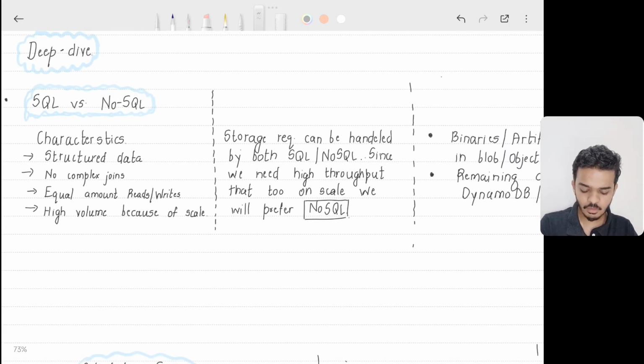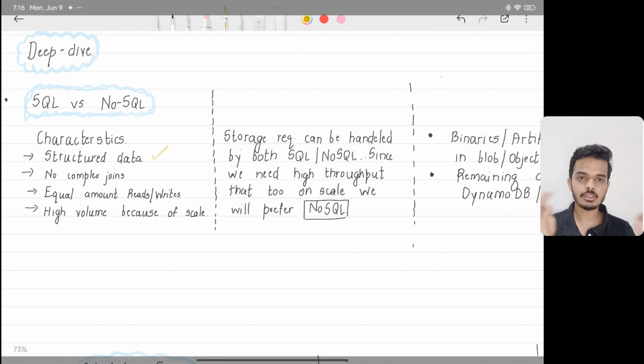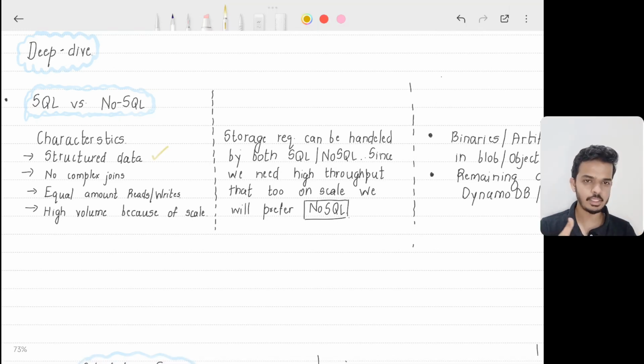So what are the characteristics of the data that we are going to store? We saw that it is pretty much structured data. The structure of the data is not going to vary a lot. Then there are no complex join queries. While you are running through the data to produce some results, there are not going to be any complex joins.